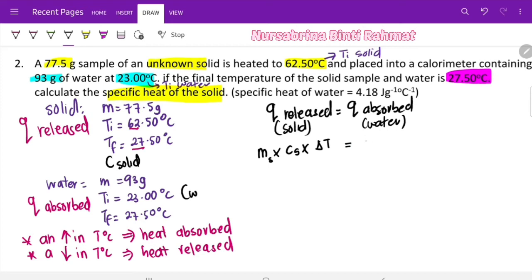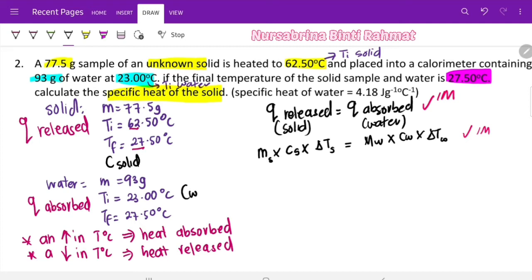So for Q absorb, which is water, it is mass of water times the specific heat capacity of water times the temperature change of your water. Whenever you are answering this kind of question, this first one should stand for 1 mark. And the second one, you write down the formula. Sometimes they might give you 1 mark, or sometimes for the substitution.